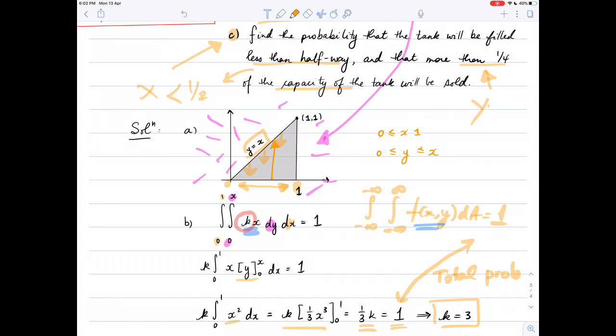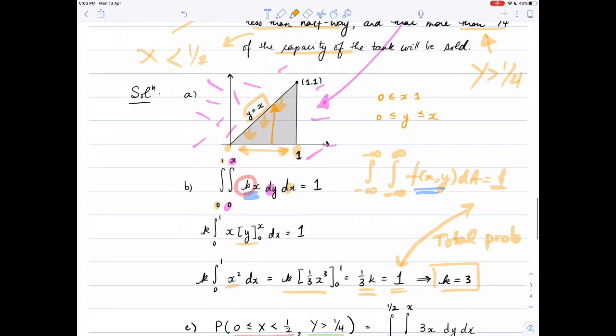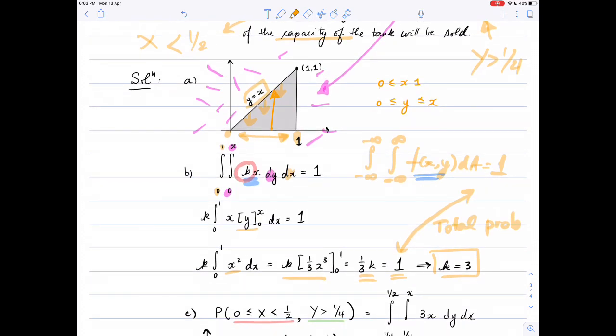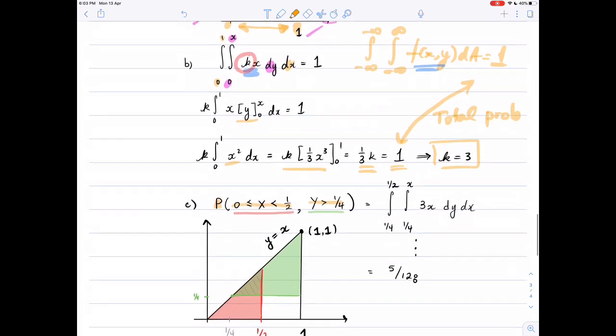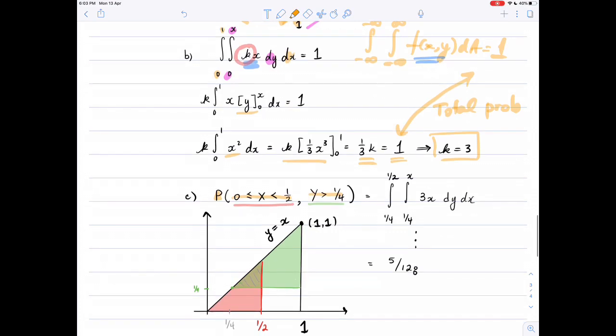Y was how much was sold, so more than 1/4 has to be sold. If we translate those into restrictions on x and y, we are talking about the probability that 0 is less than or equal to x is less than 1/2, and that y is greater than 1/4.